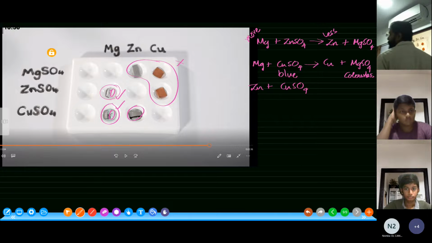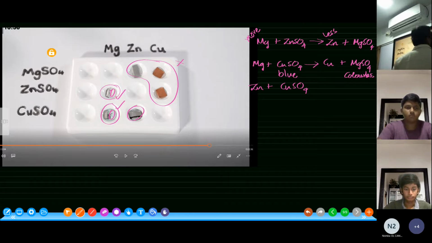right? Copper sulfate is blue because it's a transition element, right? And zinc and copper sulfate, even you can see the color has reduced and a lot of copper is produced. Can you see? Right? So this is copper plus zinc sulfate will be the product.